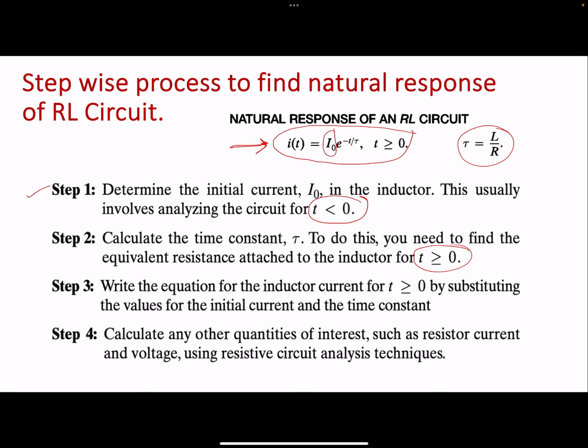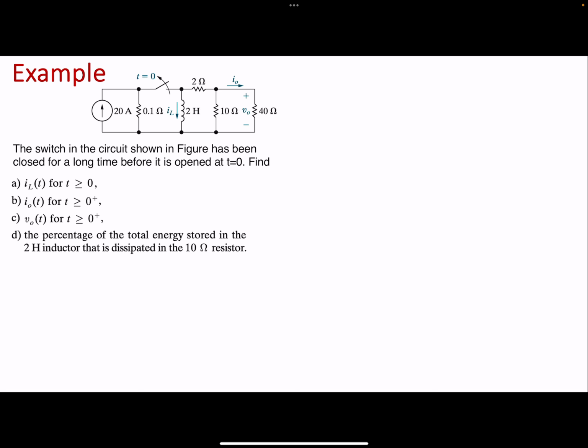Okay, so let's get started and solve one of the example problems. Here is a circuit that is given in one of the book chapter problems. As you can see, this is an RL circuit, right? So you have an inductor over here, and then of course there's a bunch of resistors. And this was the excitation source that was present, a DC current source that was present before the switching event.